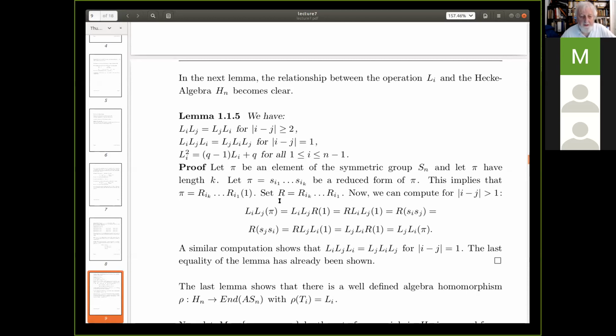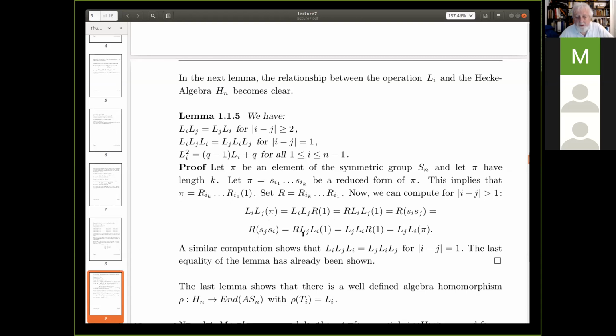Right, okay, now we put R equal to this product, this operator here. So we can compute, for i minus j greater than 1, Li Lj of pi is Li Lj R of 1. Now we use the fact that R commutes with all the L's. So we take the R over to the left, and then we get R of Si Sj, which is R of Sj Si.